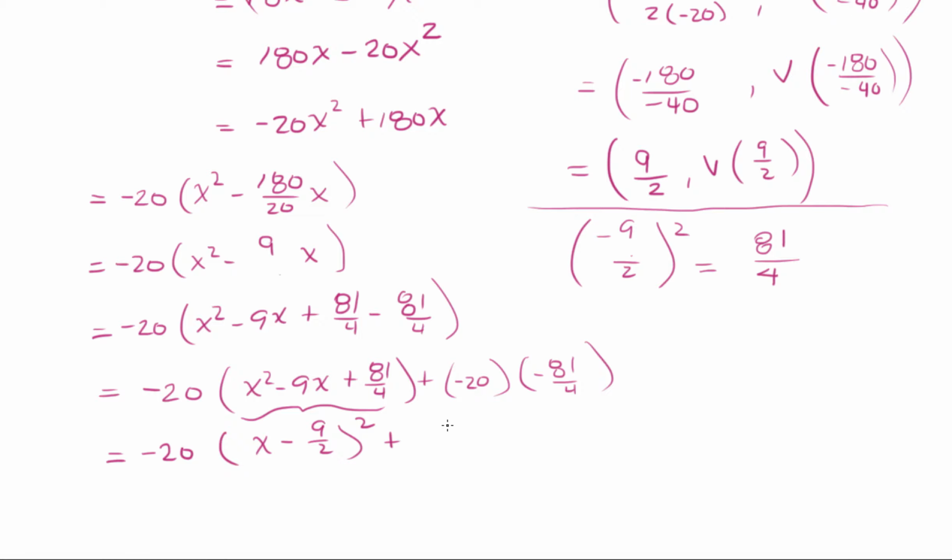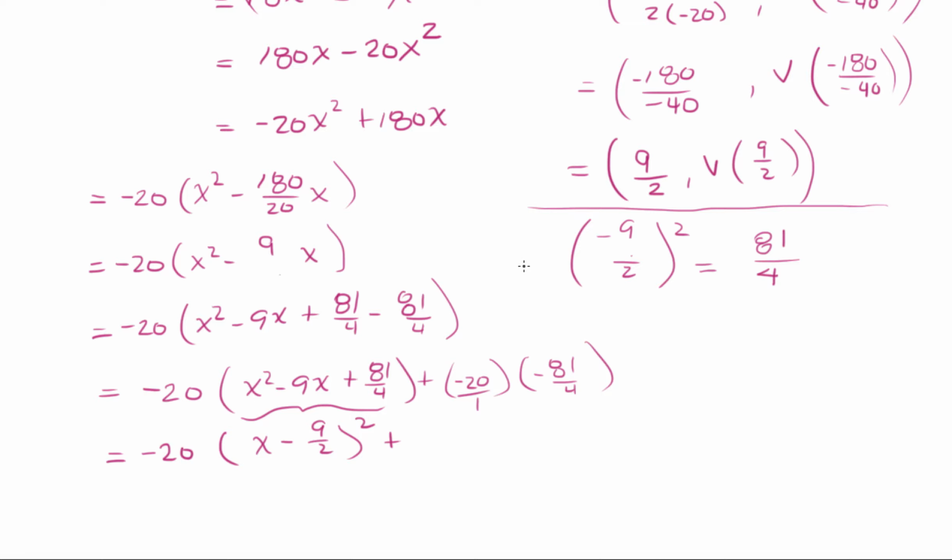Negative times negative is a positive. We multiply across. 20 times 81 is 1620, over 4.